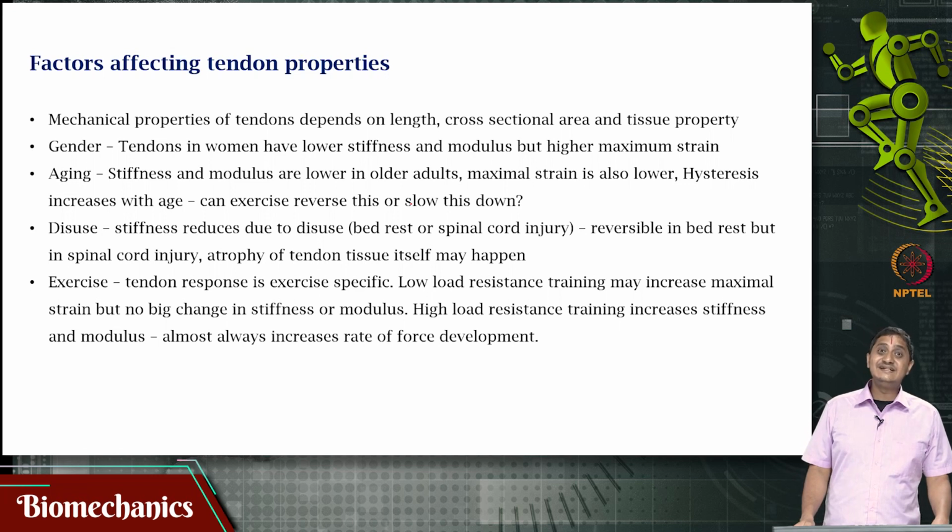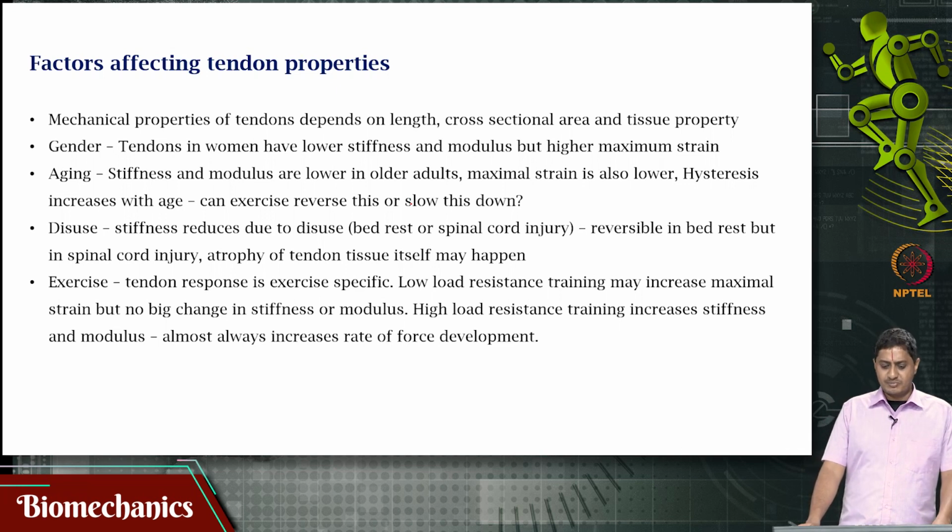Then the other one is disuse. What happens when a person is bedridden, asked to be in bed rest for a long time? In this case, stiffness and modulus reduce, but as the person recovers from bed rest and starts using the tendons more, starts using the body more, starts making movements, there is an improvement in the properties of tendons.